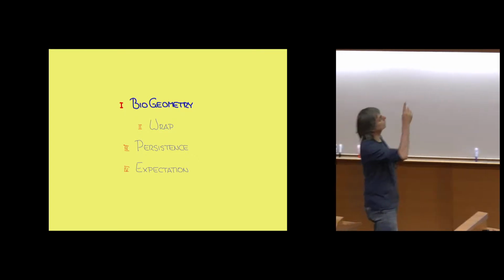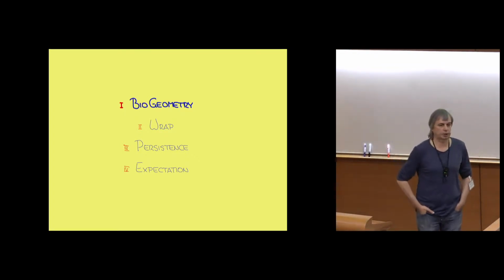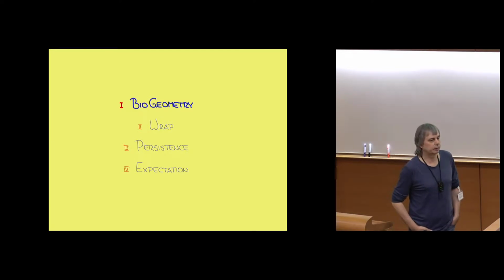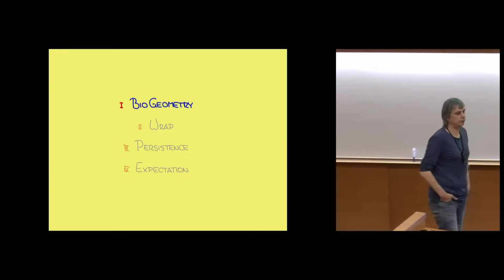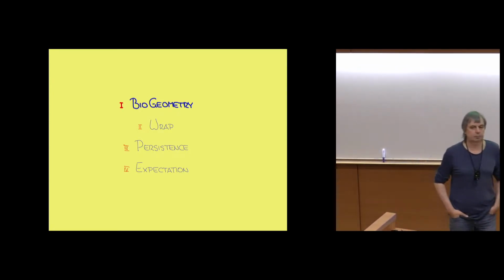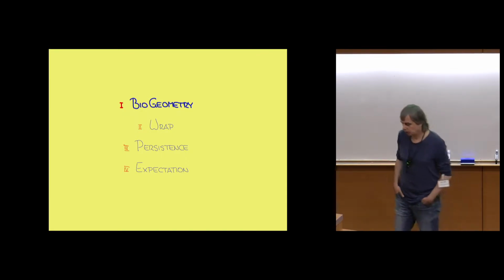So these are the first three topics: biogeometry, back to Duke at this project; RAP, the industrial application; persistence, the excursion into topology. And recently we also looked at what happens to these structures in a random case, Poisson point process, and I'll talk about some results there.